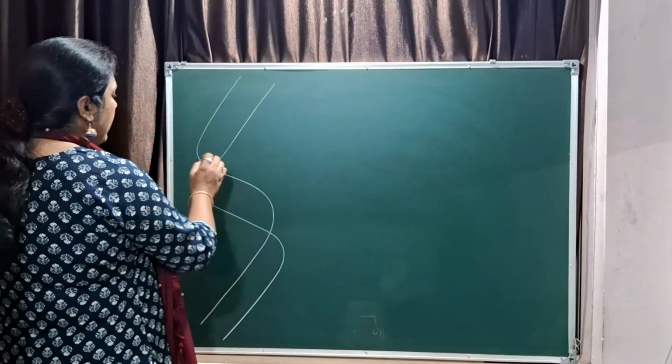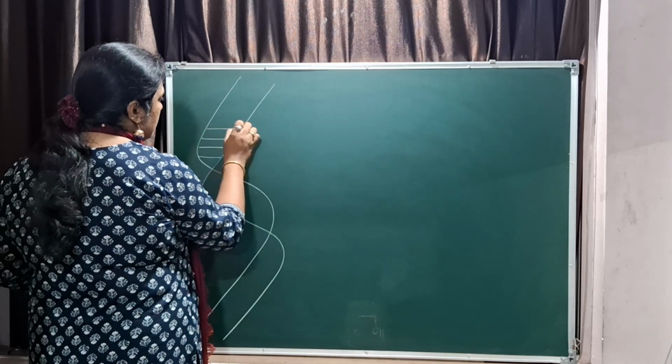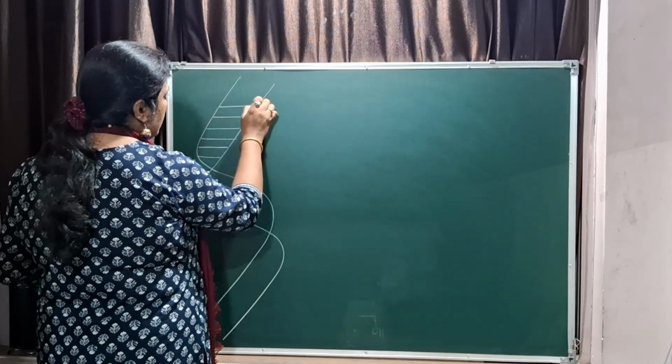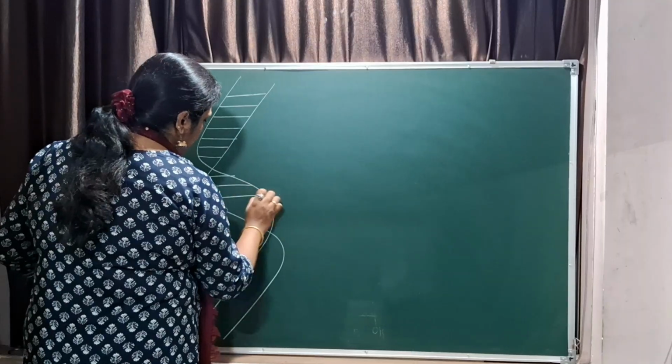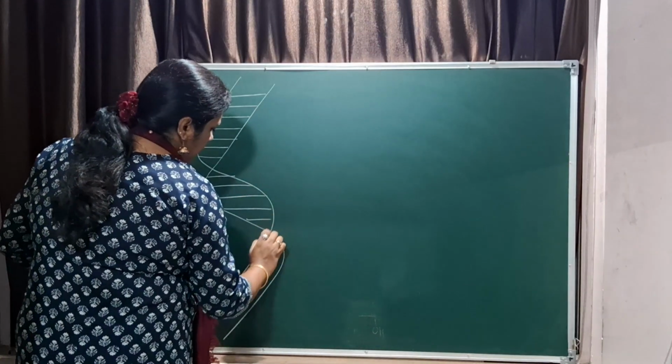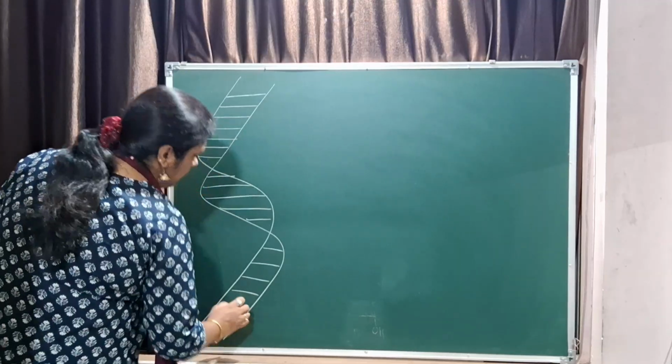Is that clear? And you have the ladder, this kind of structure. You need to remember nitrogenous bases, no? They form the rungs of the ladder. Okay, this is the structure of your DNA.